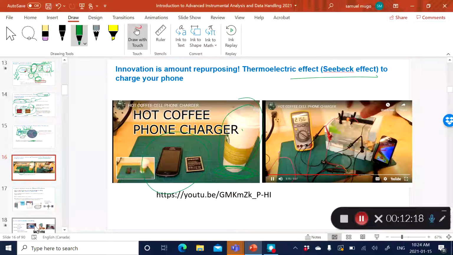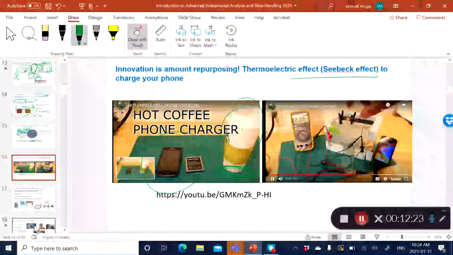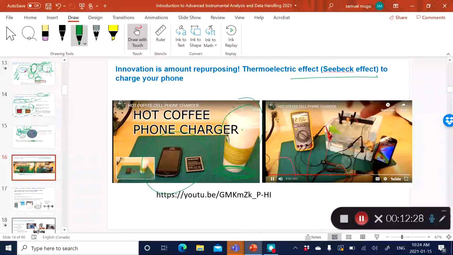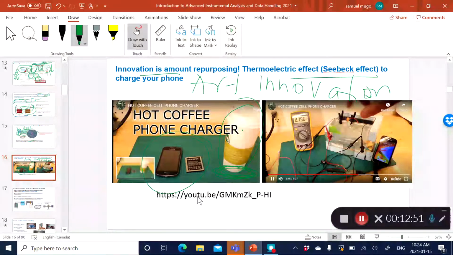And these kinds of ideas that you can get from these concepts that we are learning, you can use towards solving other types of problems. And that is really what you call the art of innovation, taking what is known and possibly used for different applications and translating it into solving other types of problems. And so you can take a look at that video later on.